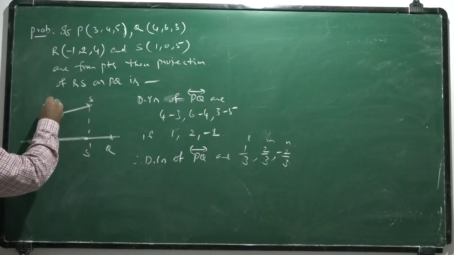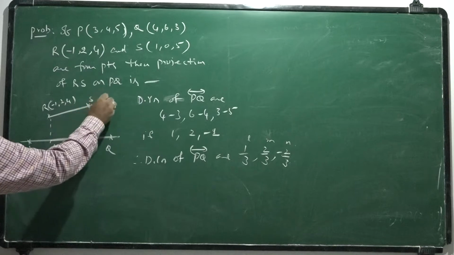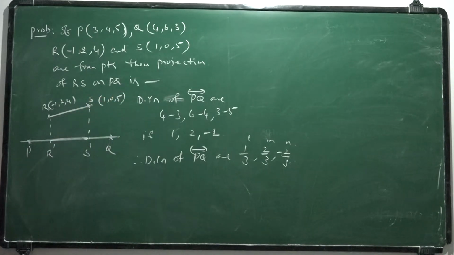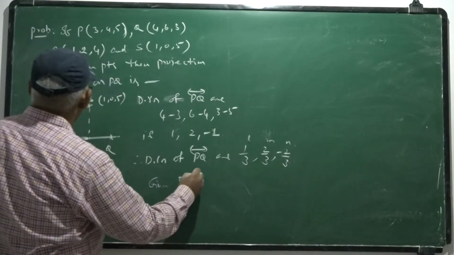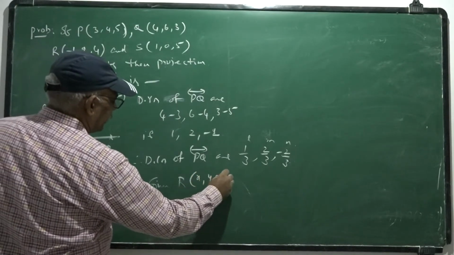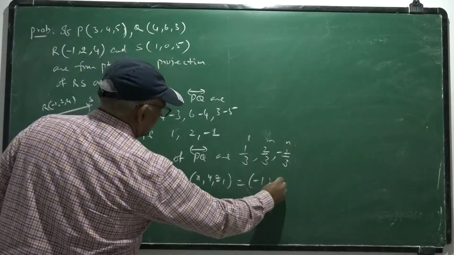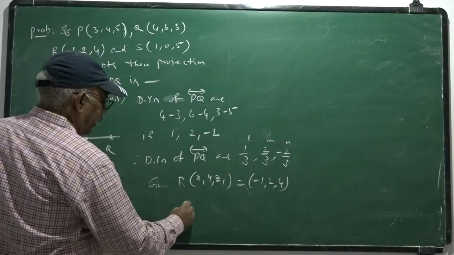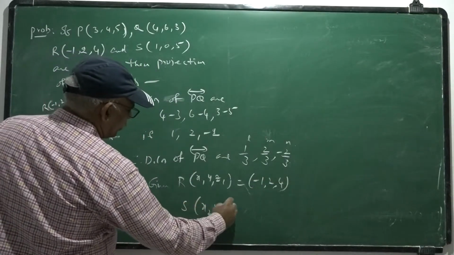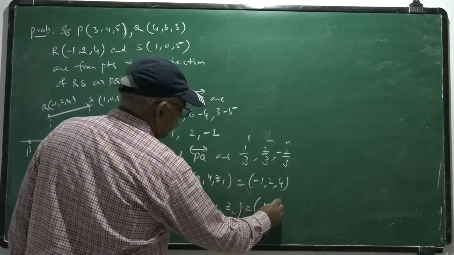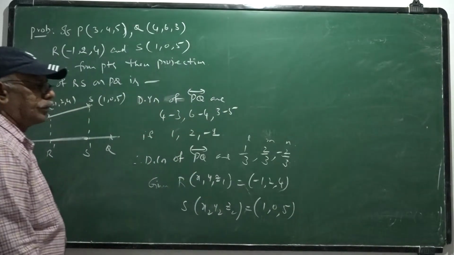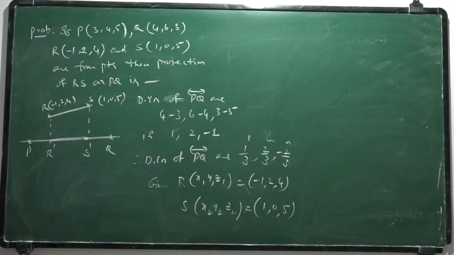The points R and S are given as minus 1, 2, 4 and 1, 0, 5. Given R, let them be x1, y1, z1. S is x2, y2, z2. The other end of the line segment whose projection is needed here.